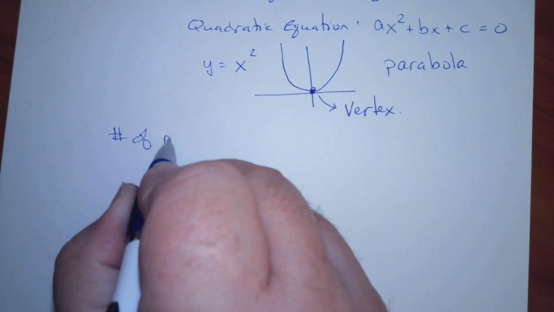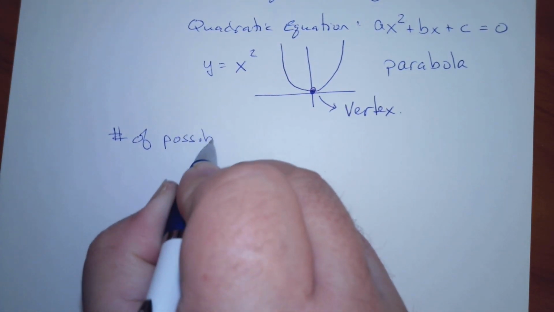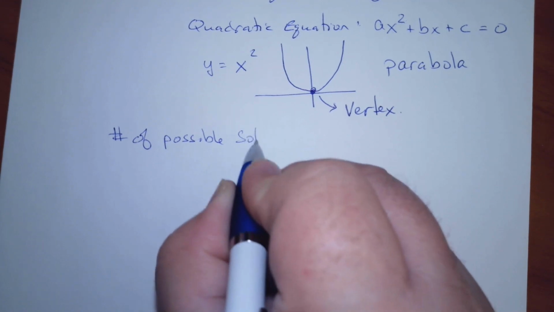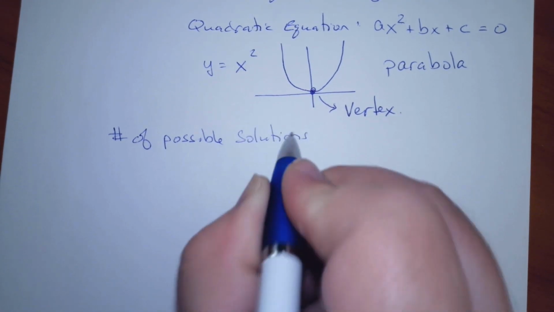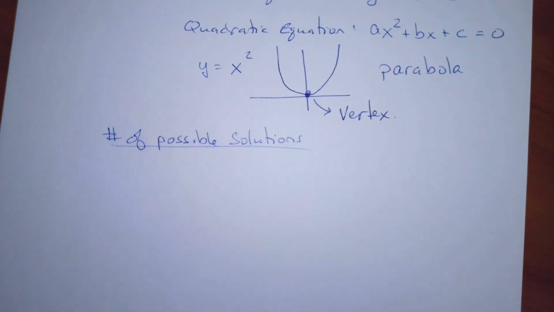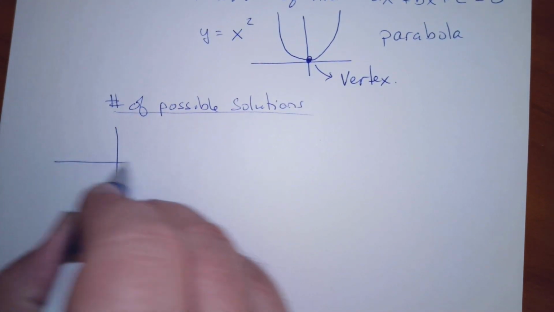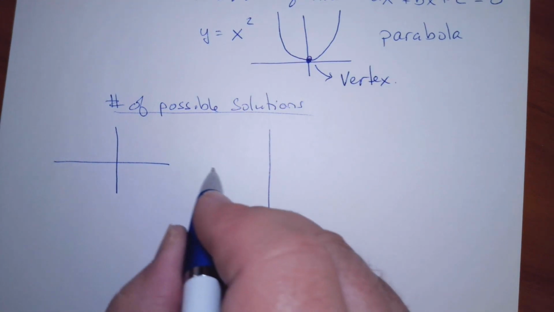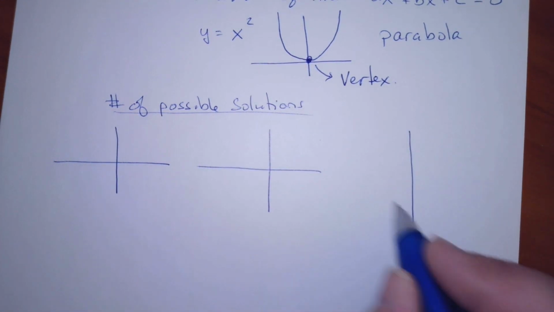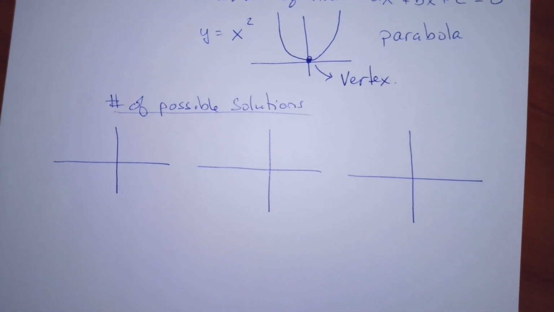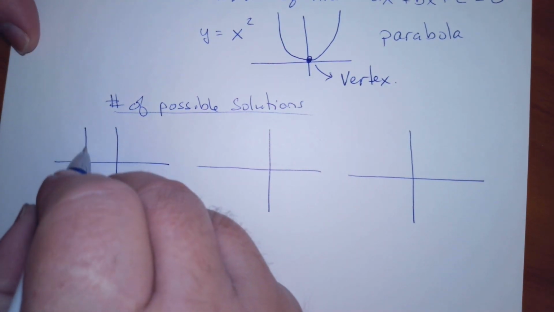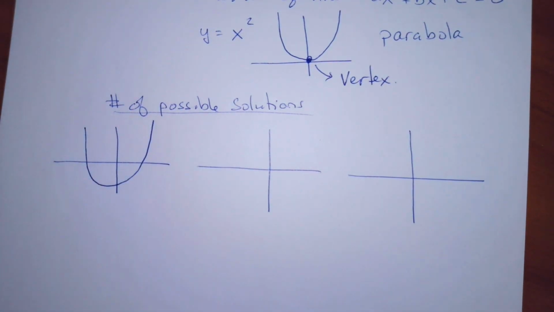Number of possible solutions for a quadratic. Well, that's going to come from looking at the possible graphs. A quadratic equation can look like this.